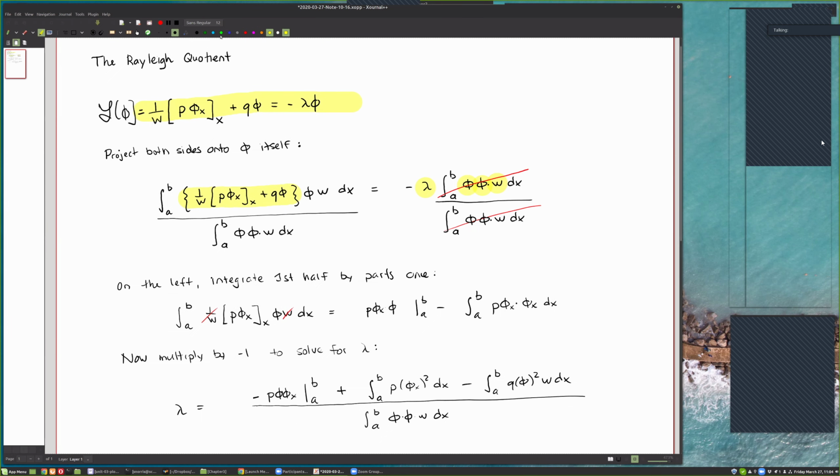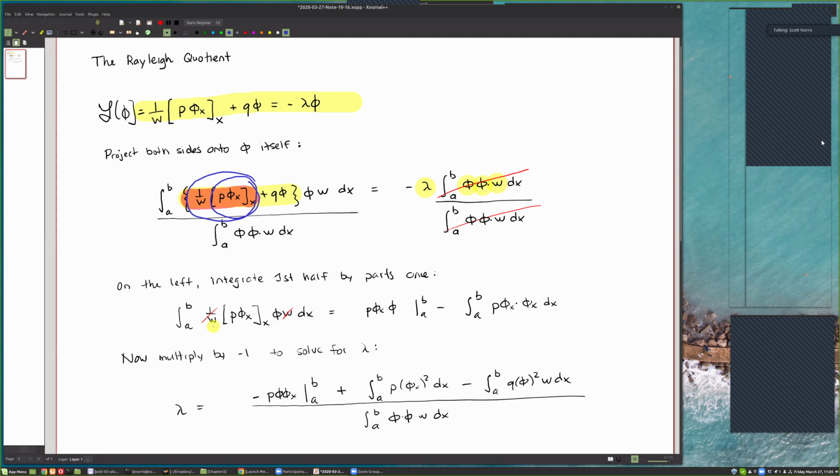Then I can integrate by parts this thing. What does that look like if I integrate it by parts once? I've rewritten that left-hand side, this little piece right here.